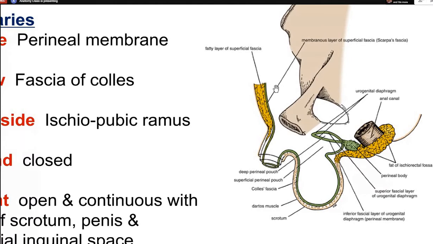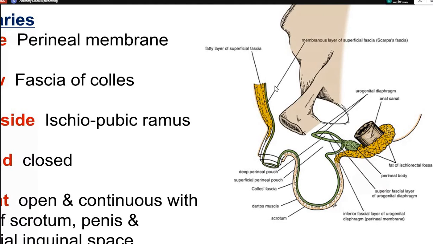But this will not move into the thigh region, because in the thigh region we have a fixed attachment of the deep fascia of the thigh, and the fascia of the anterior abdominal wall will extend into the anterior abdominal wall.